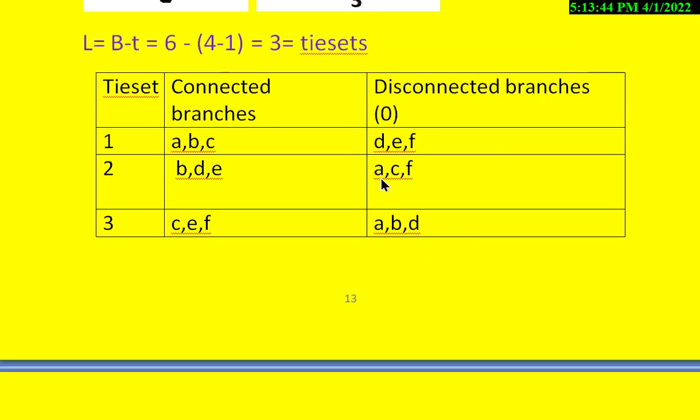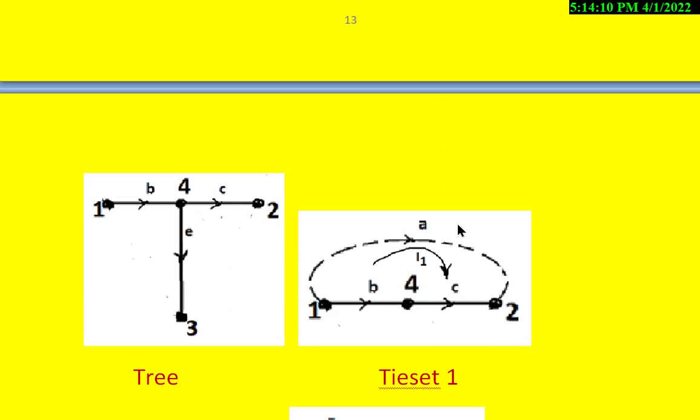For Tieset 1, the branches connected are A, B, C, whereas the disconnected branches are D, E, F. Tieset 2, the connected branches are B, D, E, and the disconnected are A, C, F. Tieset 3, the connected branches are C, E, F, and the disconnected are A, B, D.